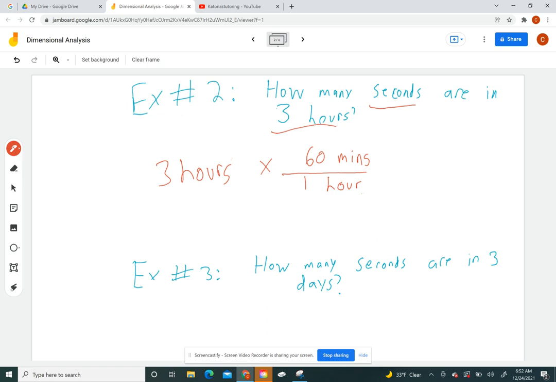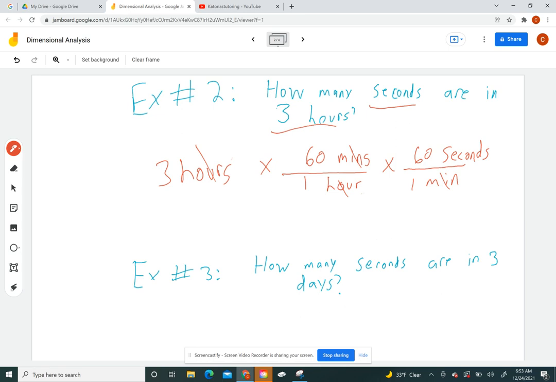So now I have to use my second conversion factor, which would be 1 minute is 60 seconds. So now I'm going from hours to seconds. I'm good. So my hours cancel out, my minutes cancel out, and now I'm going to be left with seconds.